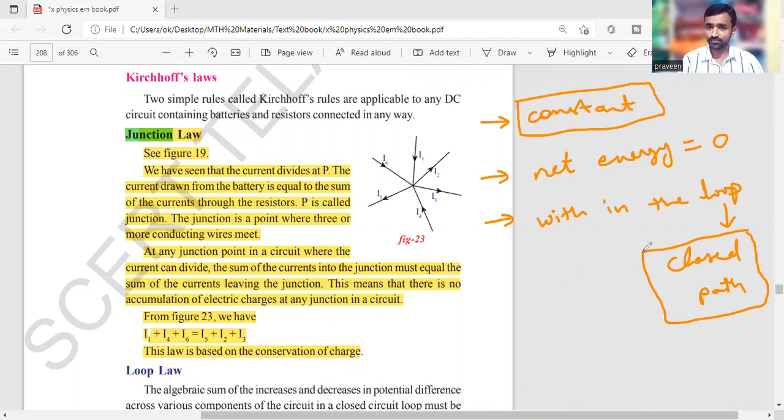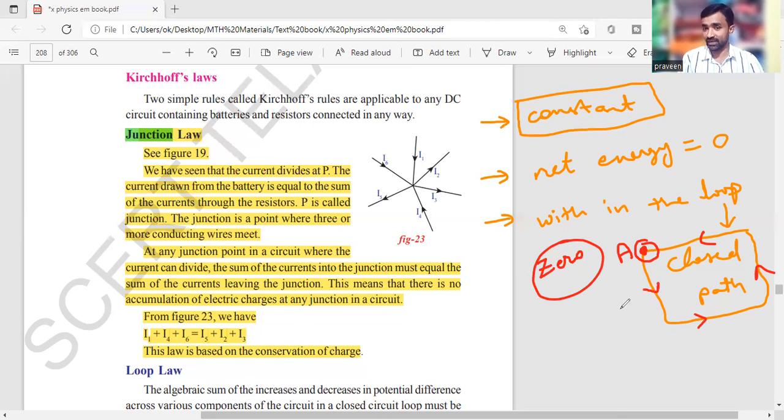Within the loop, if you start from a point, traverse through the circuit, and reach the same point after traversing the whole circuit in a particular direction, then when you reach the same point, you will be left with nothing, zero.